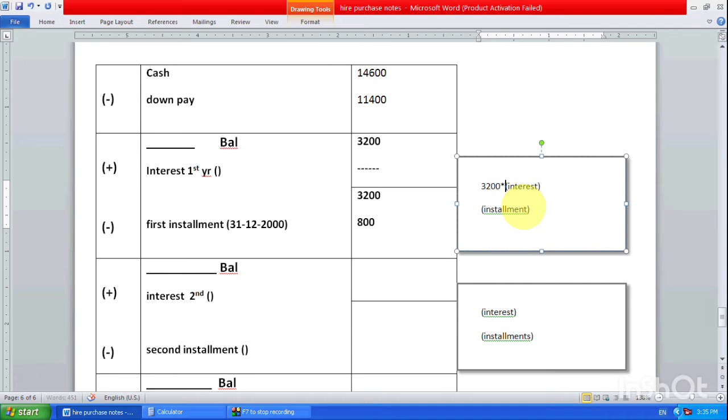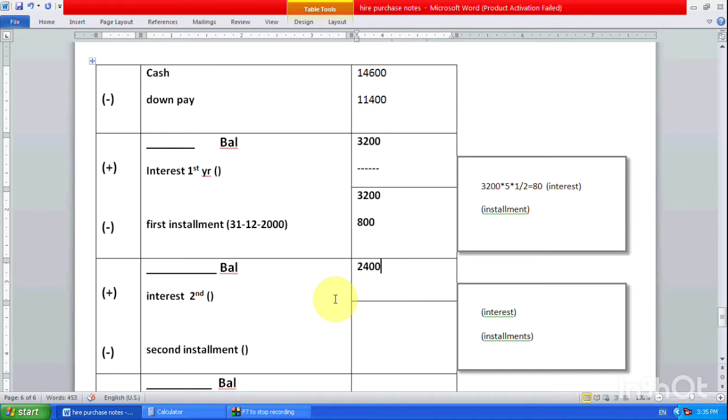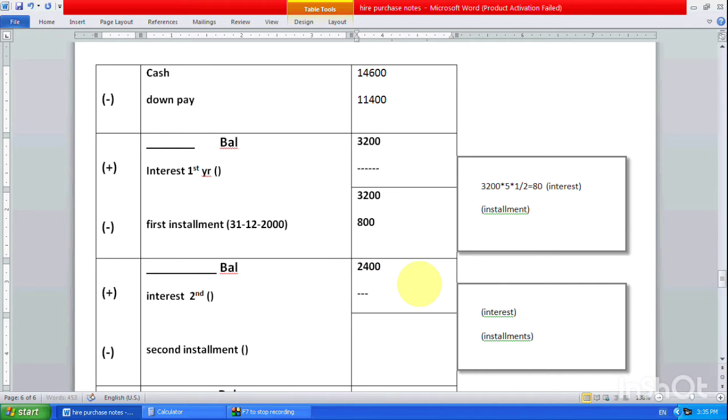It is 3,200 into 5% into 1 divided by 2. How much are we getting? 80 rupees. Now deduct: 3,200 minus 800, we get 2,400. There is no further interest added, so directly we get 2,400.